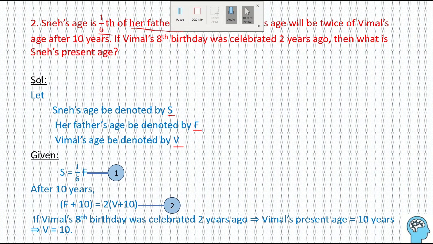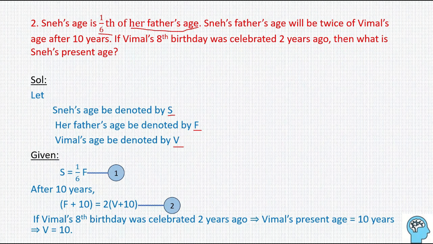After reading the first sentence itself, Sneha's age is 1/6 of her father's age, so S is equal to 1/6 of F. And after 10 years, Sneha's father's age will be twice that of Vimal's age.